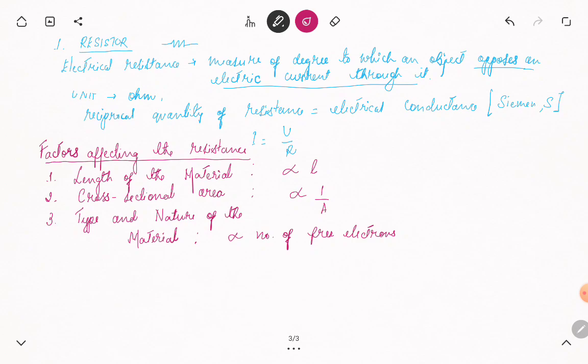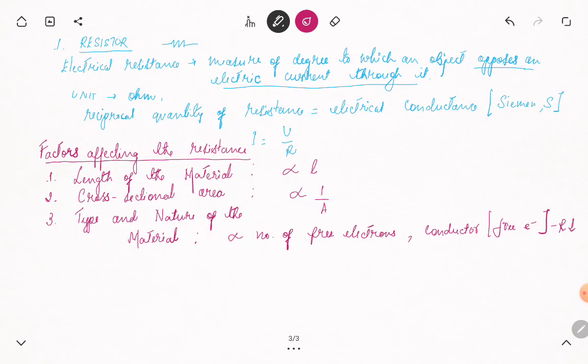For example, a conductor has plenty of free electrons, and that's why its resistance value is low.